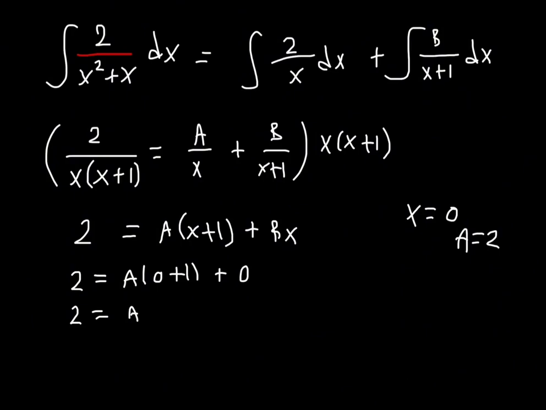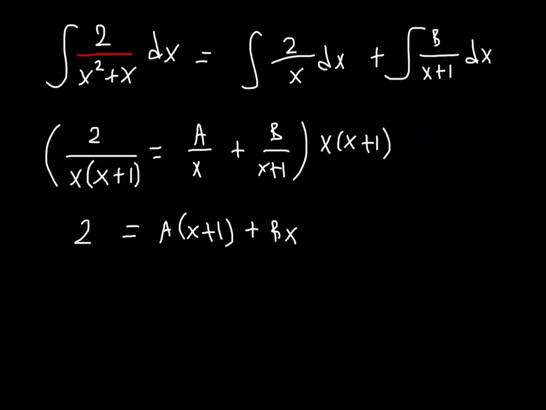And now I'm going to solve for b. So to solve for b, I must get rid of a. So I'll replace x with -1, because this will make the a term 0. So I have 2 is equal to a times -1 plus 1 plus b times -1.